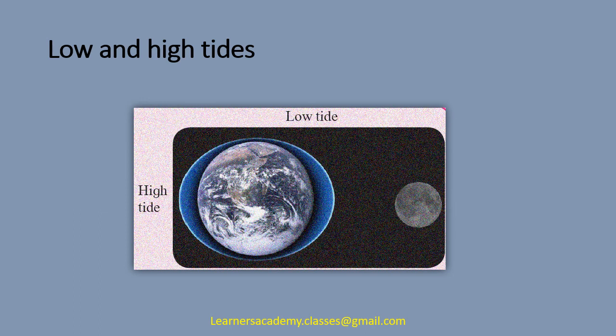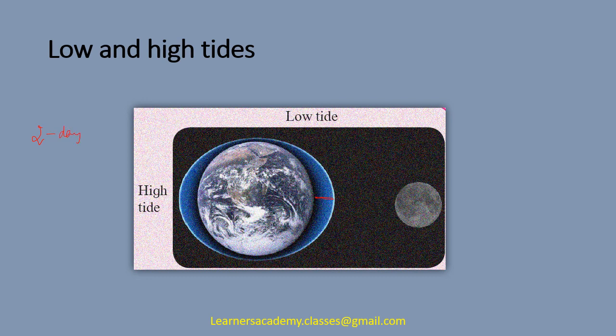Alright, now this is the diagram, and you are asked the question, what does this diagram show? So you will say that this diagram shows that there are high tides and low tides that occur regularly in the sea. Now the level of sea water at any given location along the seashore increases twice a day. Okay, twice a day.